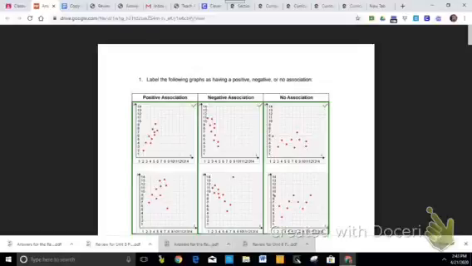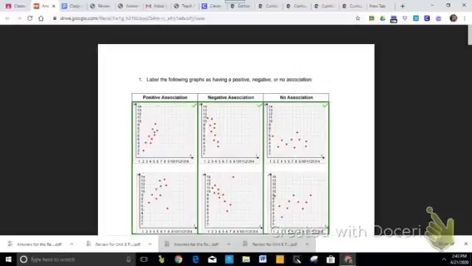Okay, number one, label the following graphs as having a positive, negative, or no association. I'm using the answer key, so if you want to follow along on yours, you can, or you can just watch this. But the first one, I personally can clearly see that these dots go up more or less.